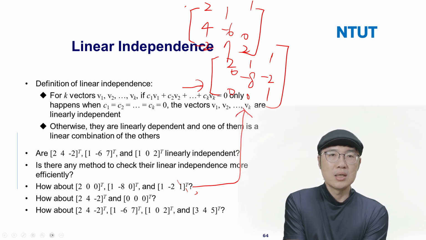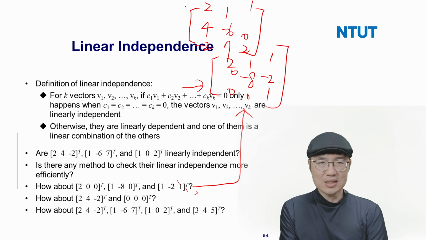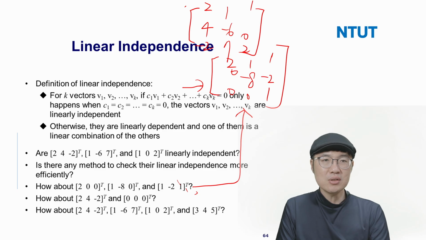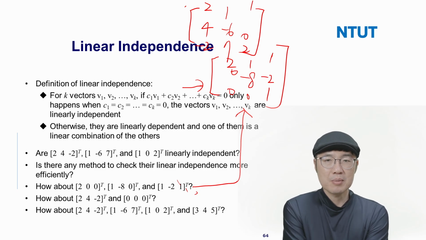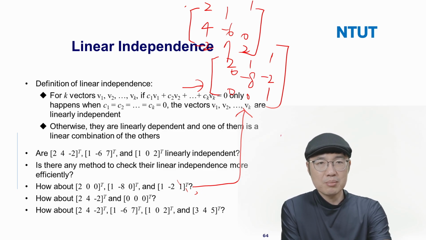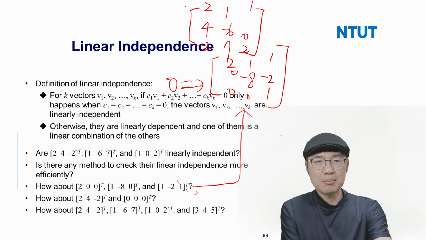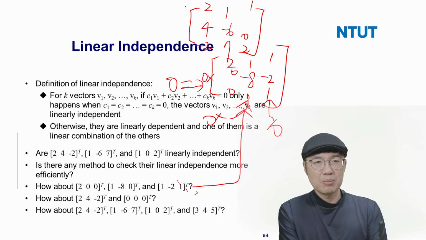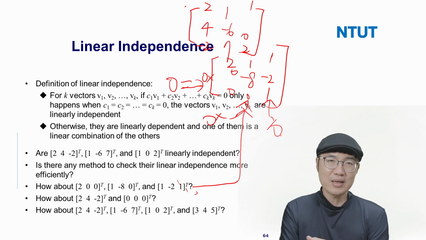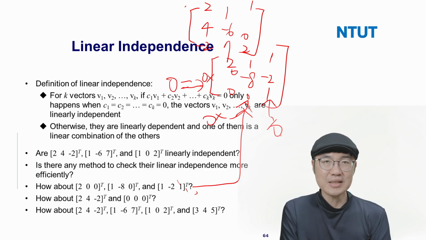From U, it's super easy to judge whether they are independent. They are, as the only way to make 0 as the combination comes from 0 times the first column plus 0 times the second column plus 0 times the third column, or else you cannot turn the last entries into 0.